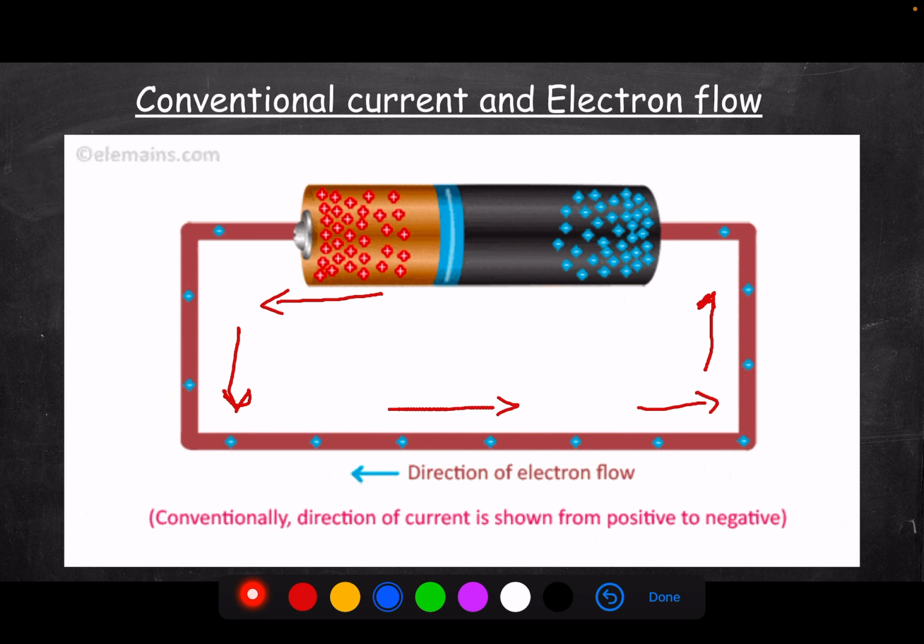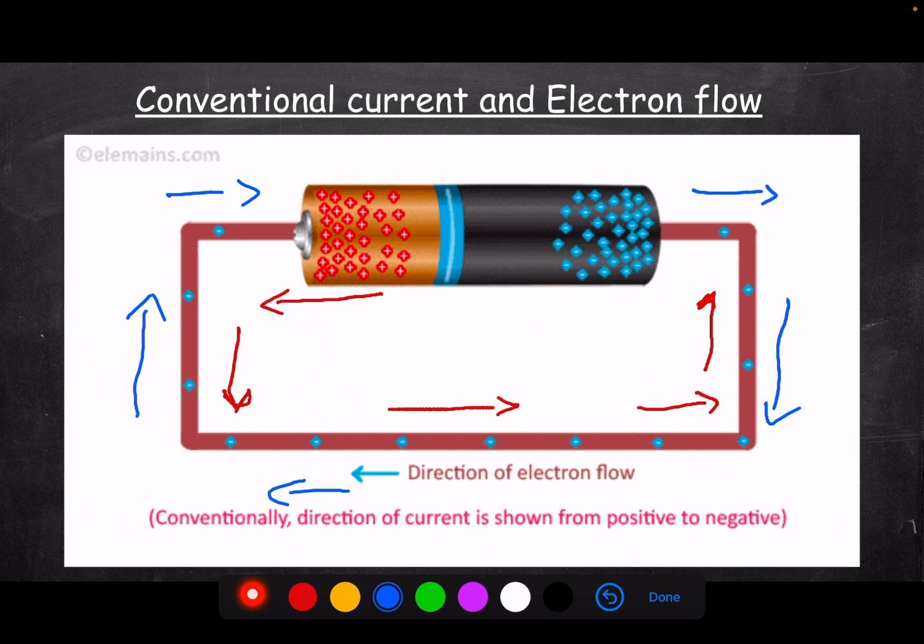But a more accurate way of thinking about the flow of energy in a circuit is actually to think of the electron flow, which is from the negative terminal towards the positive terminal of the cell. And that actually talks about the movement of the electrons themselves.